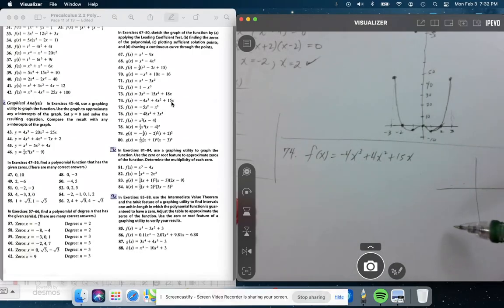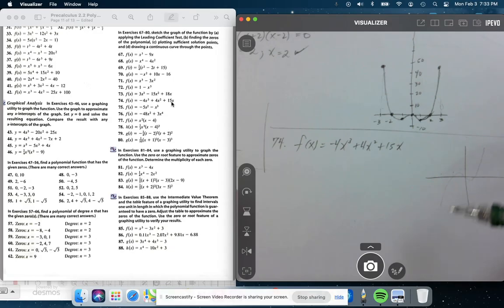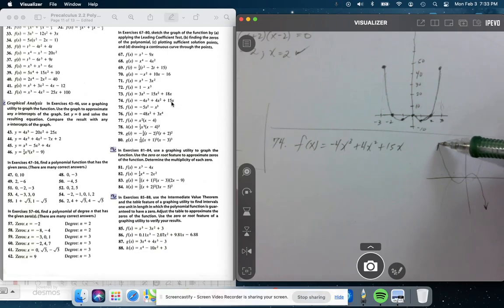Normally, if that was not negative, it would come up from this way and it would end up going like that. Right? But we're going to flip that over. So I know it's going to actually come down here like this and do something like this. So it's going to have this sort of shape to it right here.